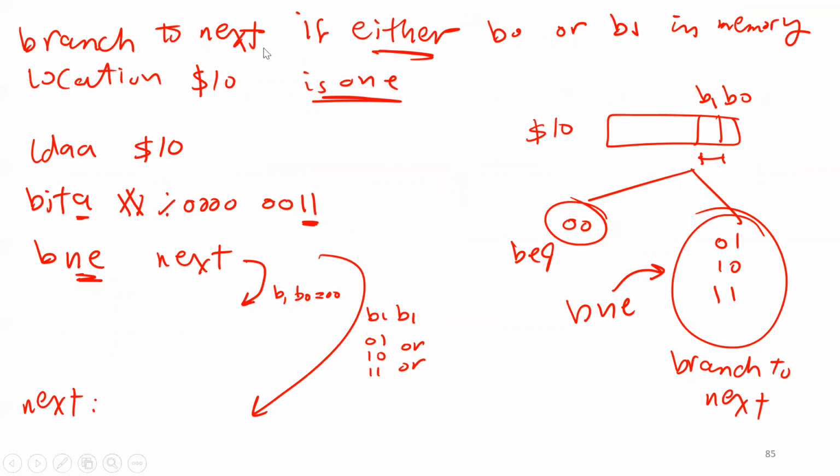Here I'm going to give you some examples. I want to branch to next if either bit 0 or bit 1 in memory location number 10 is 1. That means I have 2 bits here, guys.